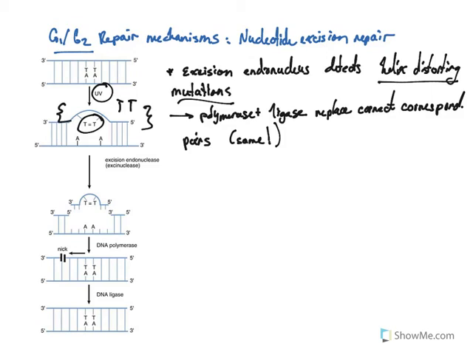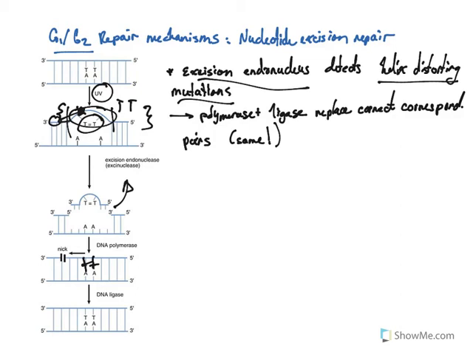And so something called an excision endonuclease can come along, essentially find these helix distortions, excise them, aka remove them, and then DNA polymerase can come in and then fill in the same nucleotides.